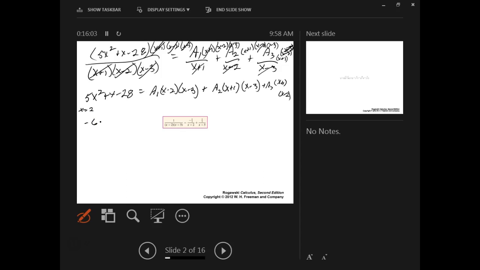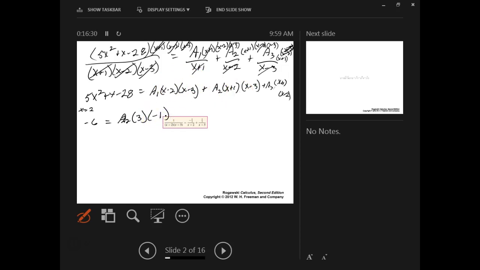Is equal to, this one went away, and this one went away, so you have a2 times, if x equals 2, that would be 3, right, times negative 1, right?